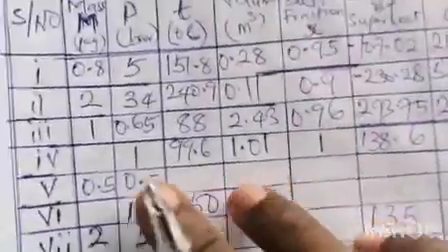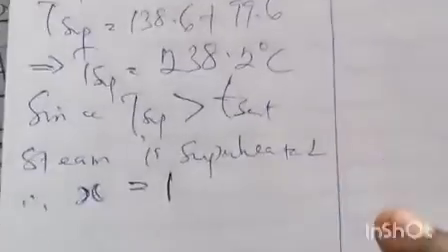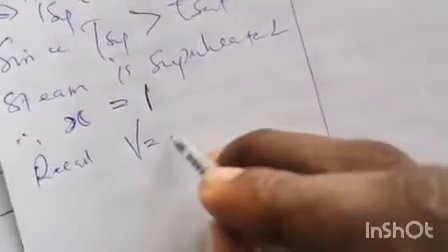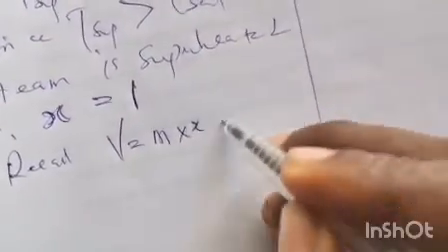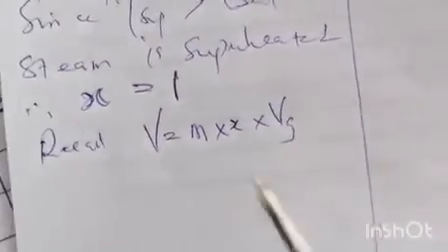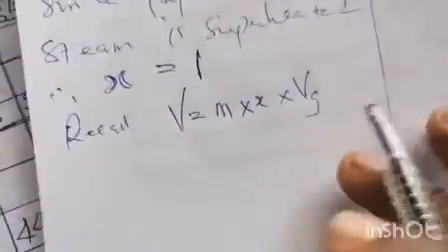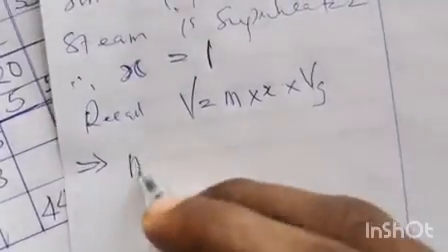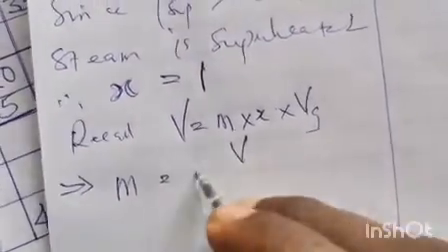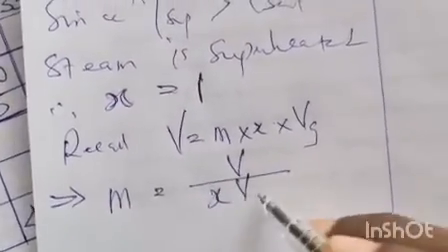Here dryness fraction is simply 1. Having known that, the next thing is to find the mass. We already know the total volume. Recall, total volume V is mass times dryness fraction times volume at the gas. The dryness fraction X is 1. Making mass the subject, mass is equal to total volume over X Vg.